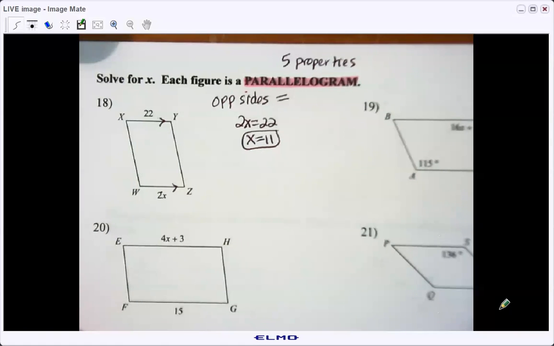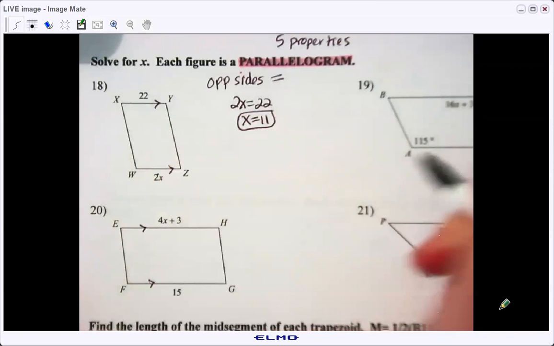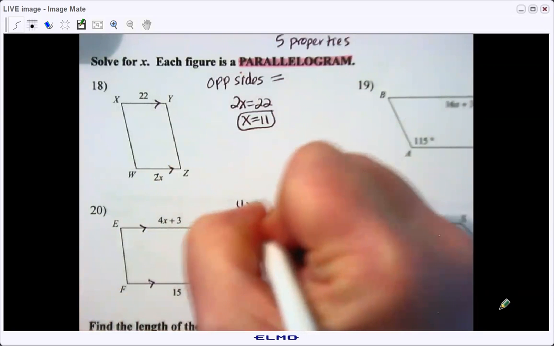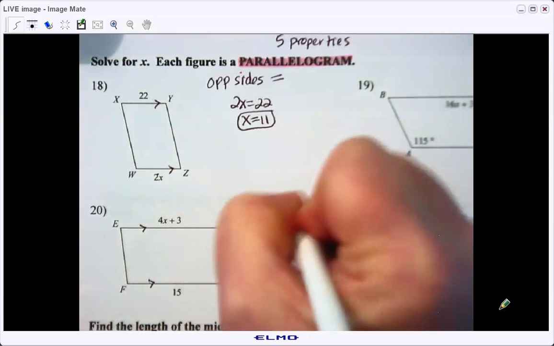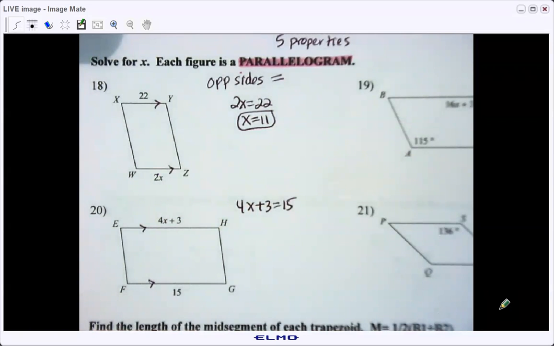Okay. Same idea on number 20. These are parallel, but they are also equal. So we know that 4x plus 3 is equal to 15. What's x? Three.